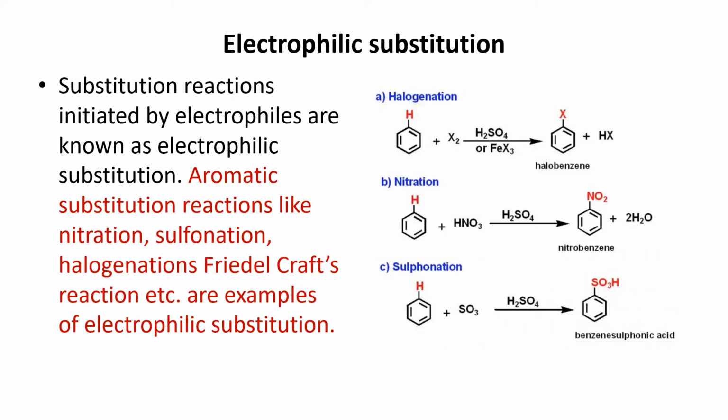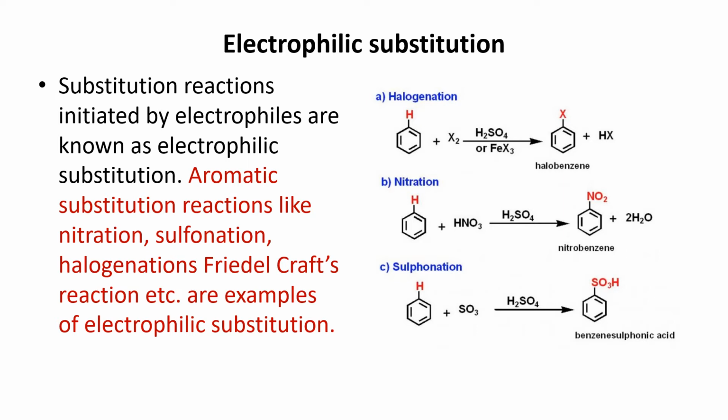In electrophilic substitution, substitution reactions are initiated by electrophiles. Usually electrophiles are electron deficient species and they attack electron rich centers, and aromatic compounds like benzene undergo substitution by electrophiles.